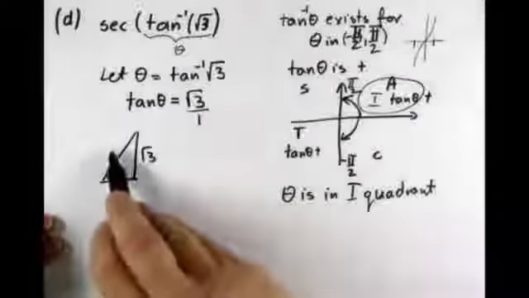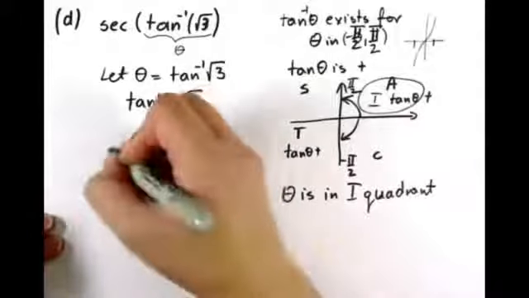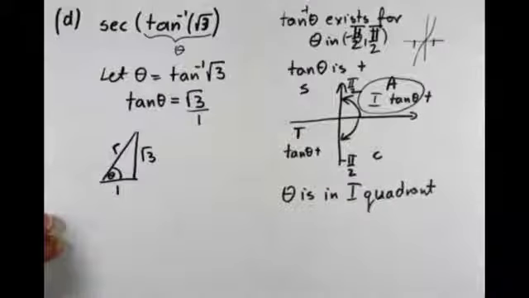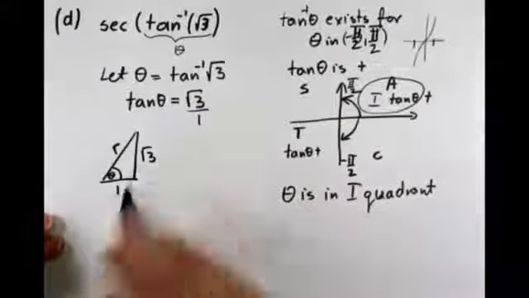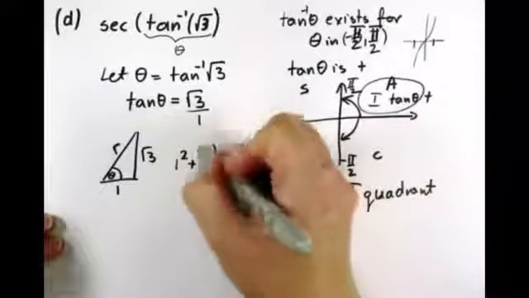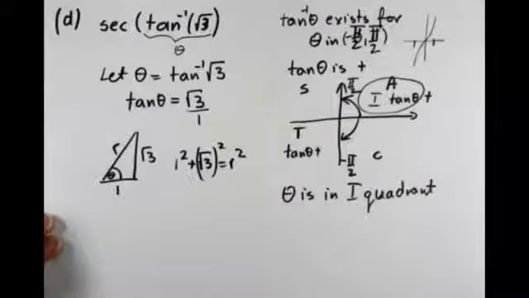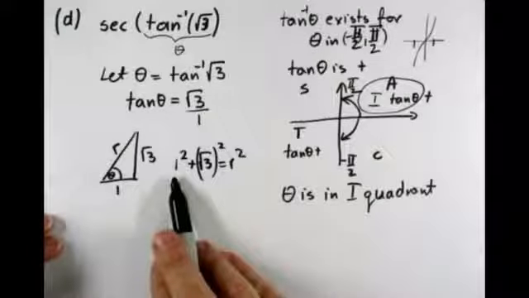And for secant, we do need to find the hypotenuse. So I'm going to set it that this is my r, and then I use the Pythagorean formula that 1 squared plus square root of 3 squared is equal to r squared. So 1 squared is just 1.